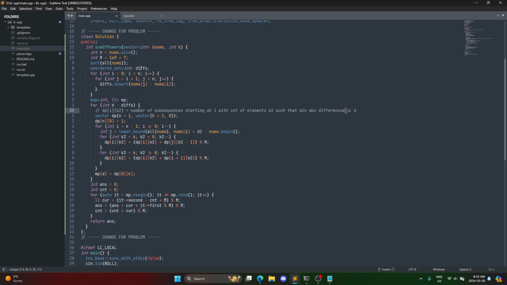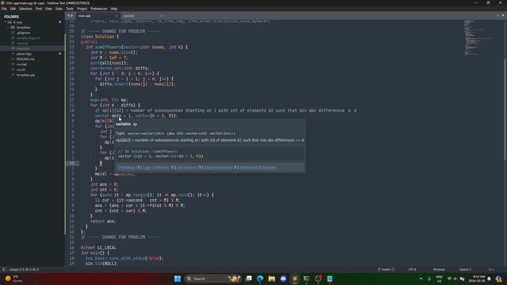So we go through all the unique differences, and we count the subsequences that have minimum absolute difference at least this D. So the way we do this DP is I just start from the end and work back to the beginning.